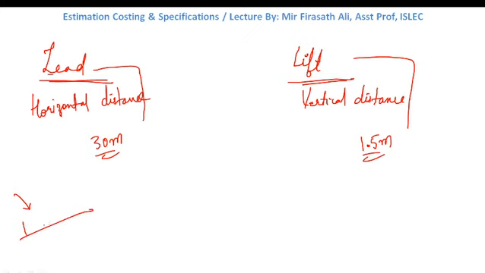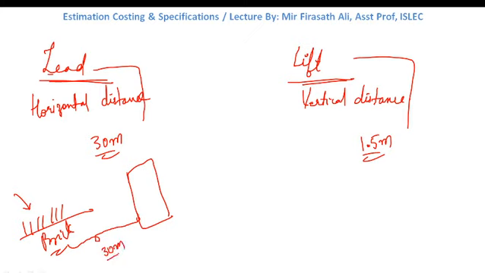We have delivered our brick over here. If the distance of transporting this brick to the site is less than or equal to 30 meters, then the normal charges, we consider it as one lead, and normal charges will apply.